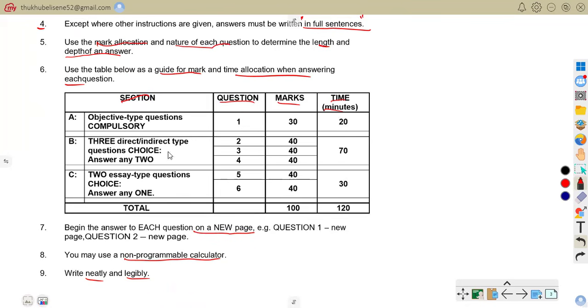So try by all means to go through this table because it is very helpful.